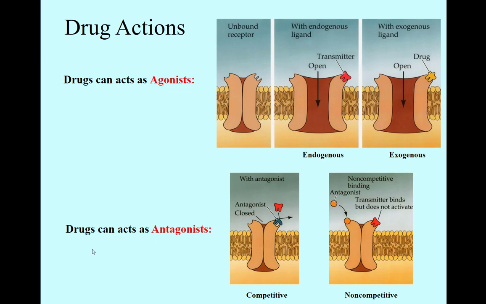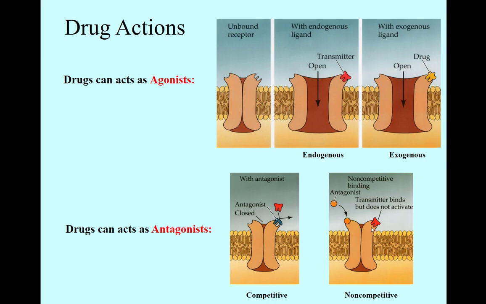Antagonists, drugs that act as antagonists, have the opposite effect, or I should say they block the effect of the natural neurotransmitter. Okay, so an antagonist can bind either competitively, that is, they're competing for the same spot with the natural neurotransmitter, or they have their own second binding site that works just fine.